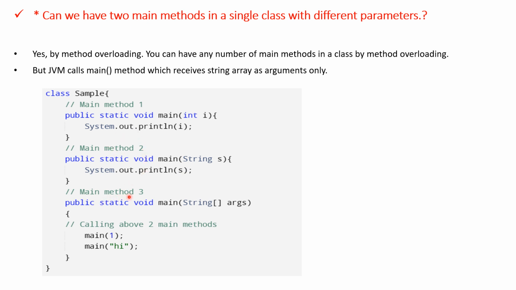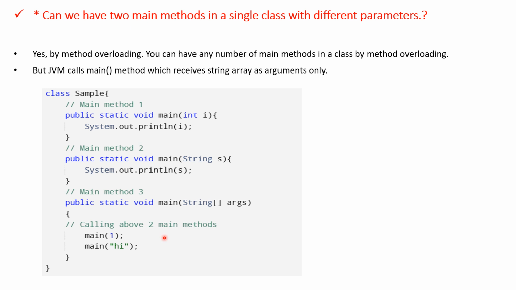And main method 3 here is public static void main of String array, the arguments in the string array format. In this method, if you are going to call any other methods or do any other operations, we'll give it here.